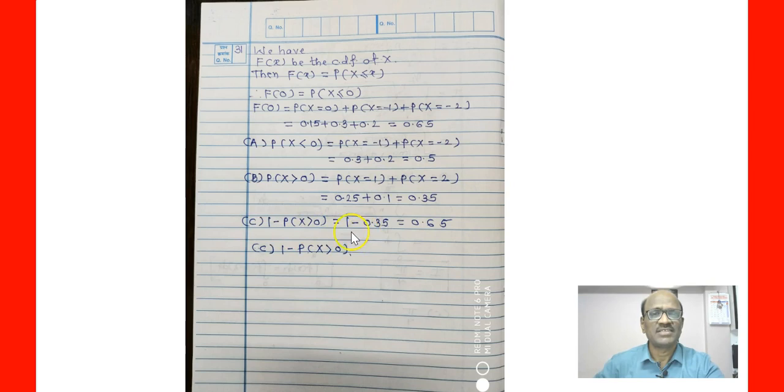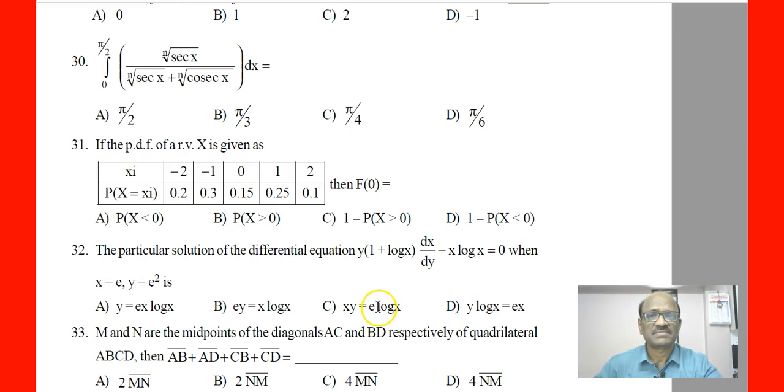Here is that value, it's 0.35, and that is equal to 0.65. Therefore, the answer is C, that is 1 minus probability of capital X greater than 0. Now next question.